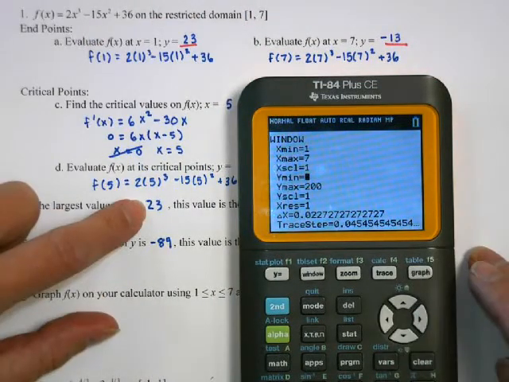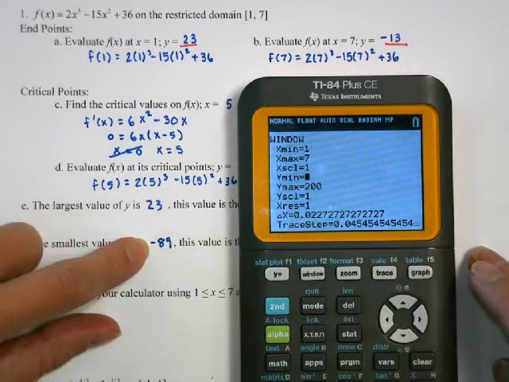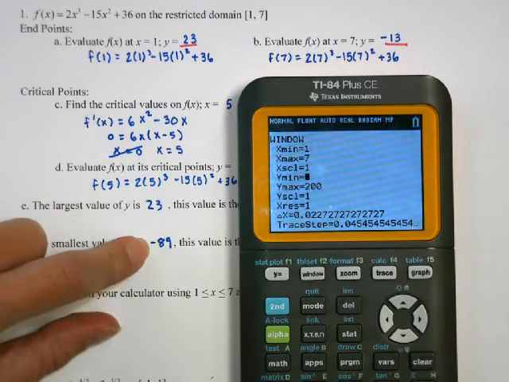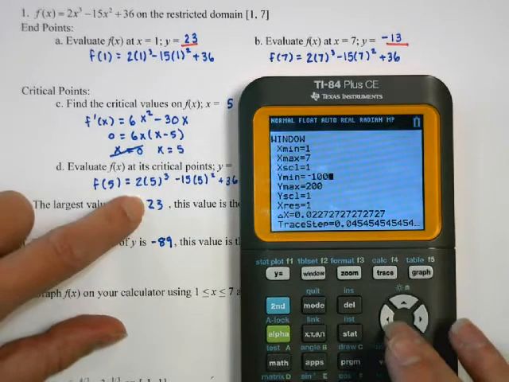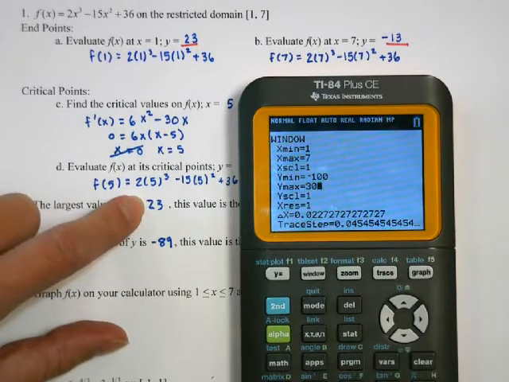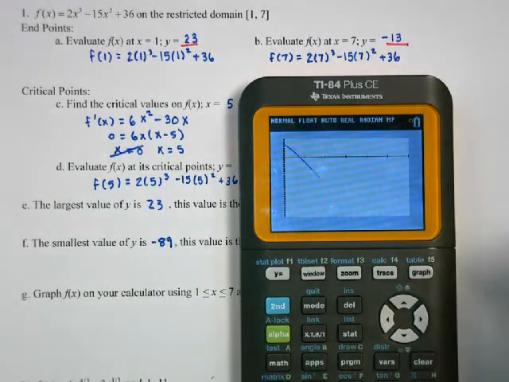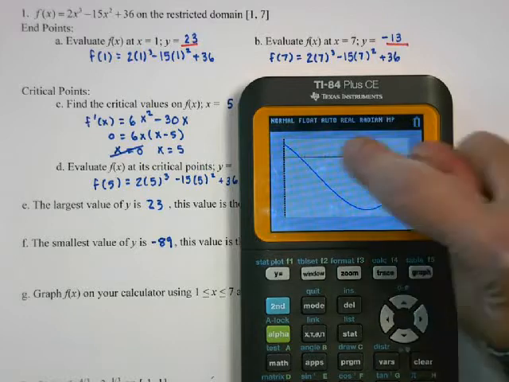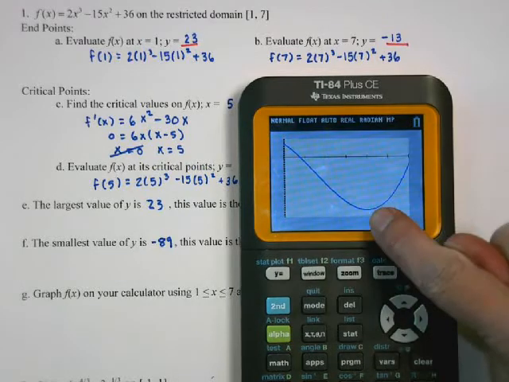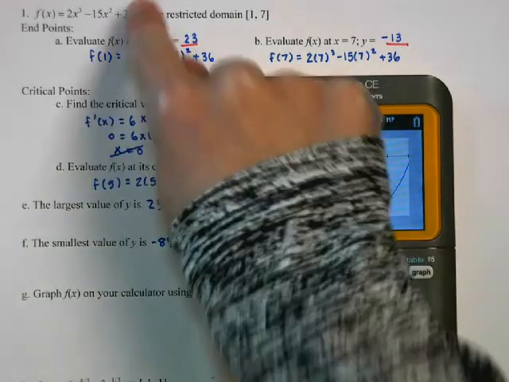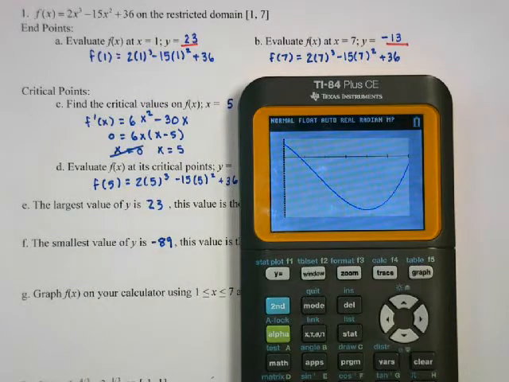Our y's, we know the biggest is going to be 23, the smallest is going to be negative 89. So let's go negative 100 for our minimum, let's say 30 for our maximum. And if we graph it, there's our maximum, there's our minimum, and it matches what we found analytically.